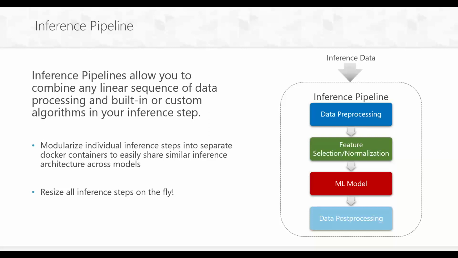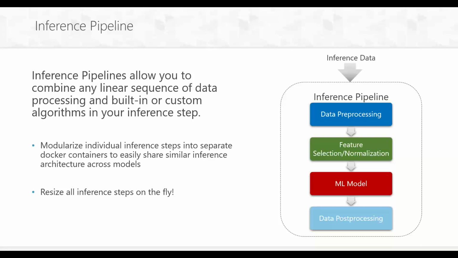So when you're doing inference, a lot of the time the data in production isn't in the format that your model needs it to be able to predict on this data. So it takes a few steps like pre-processing, feature selection and normalization maybe, and then using the model actually, and then any post-processing that you want to do before giving back to your application.